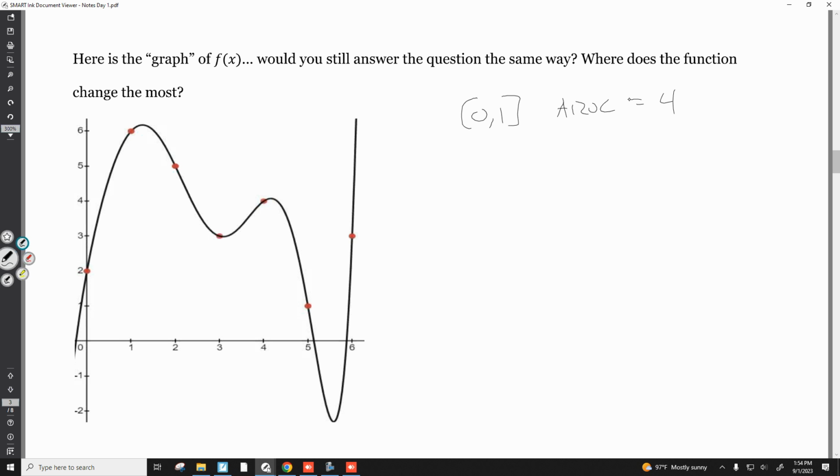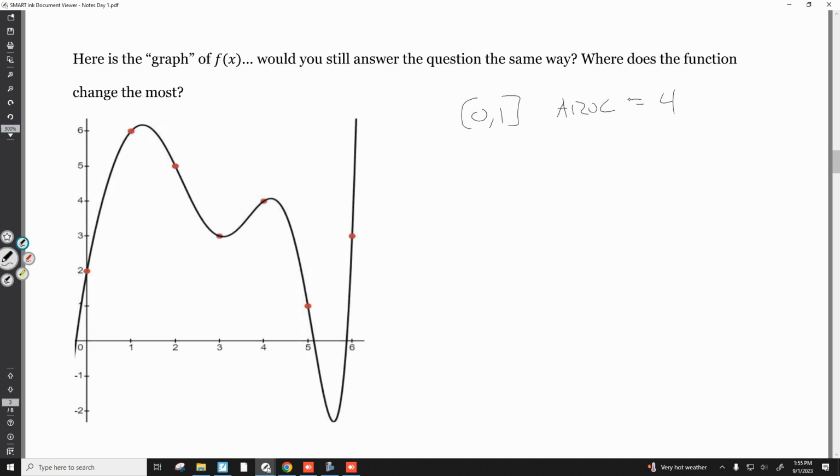Come on, Aberbell. When does the function undergo the most change? Are you still saying 0 to 1? Is there ever an interval where we're changing more than 0 to 1, than like 4 watts per hour?